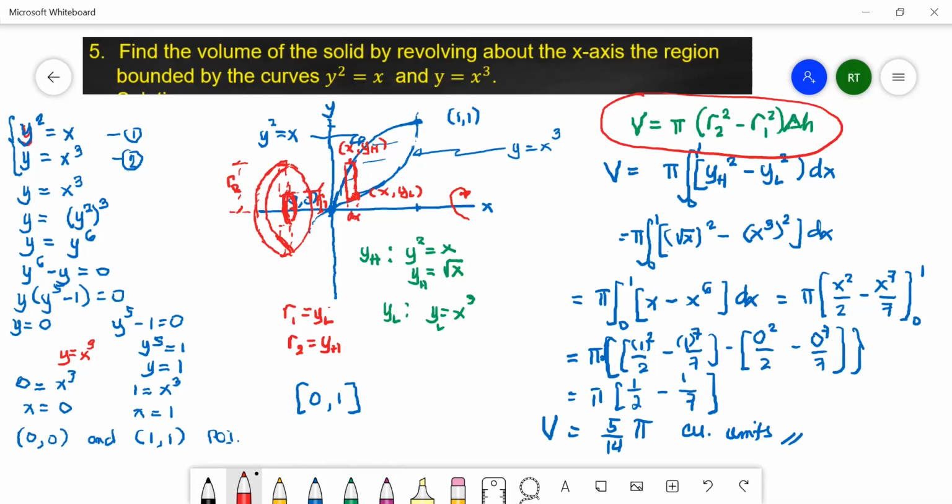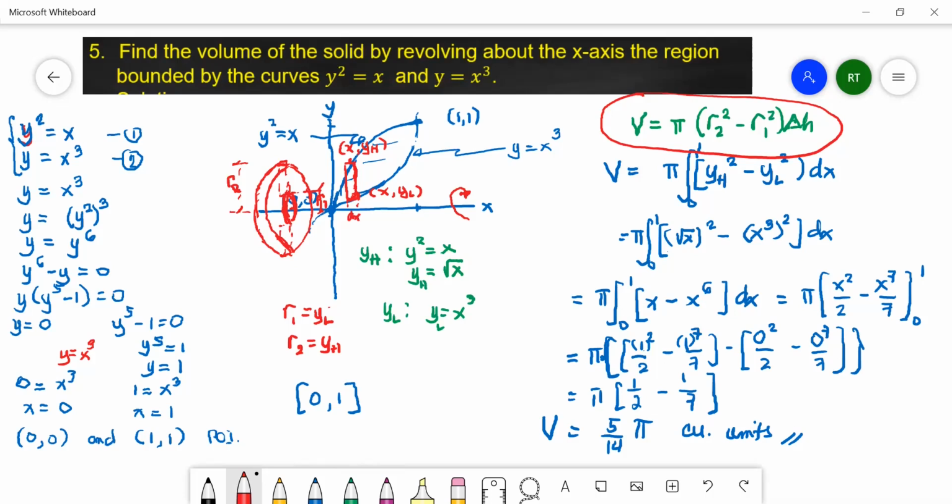If the element is vertical, then the value of R2 is YH, the value of R1 is YL. Now, if the element is horizontal, then the value of R2 is XR and the value of R1 is XL. Okay, so in our next discussion, we will be considering the third method, which is the cylindrical shell method.